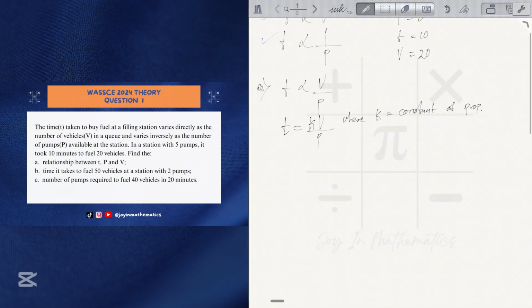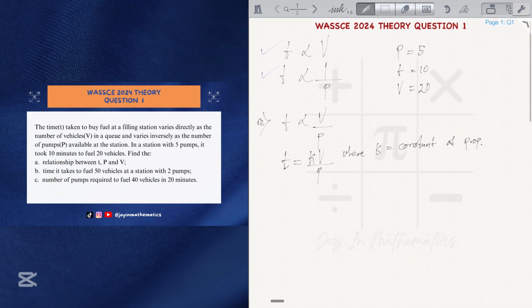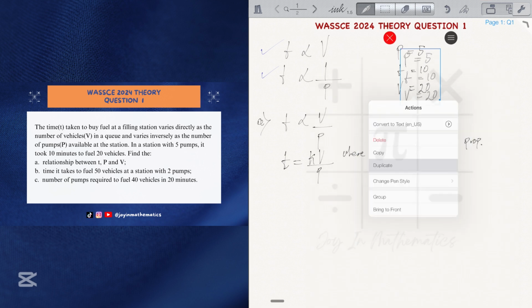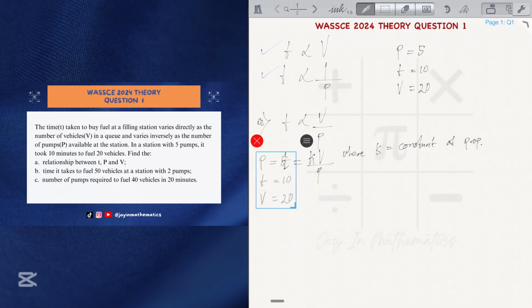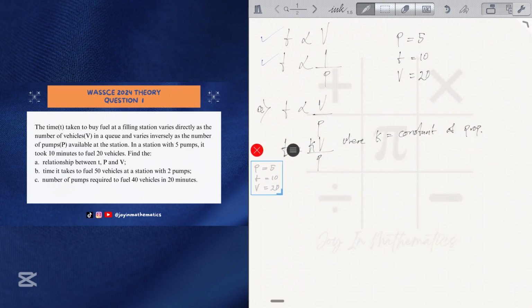Now, in view of that, we can find the value of K when we substitute the values P equals 5, T equals 10, and V equals 20.